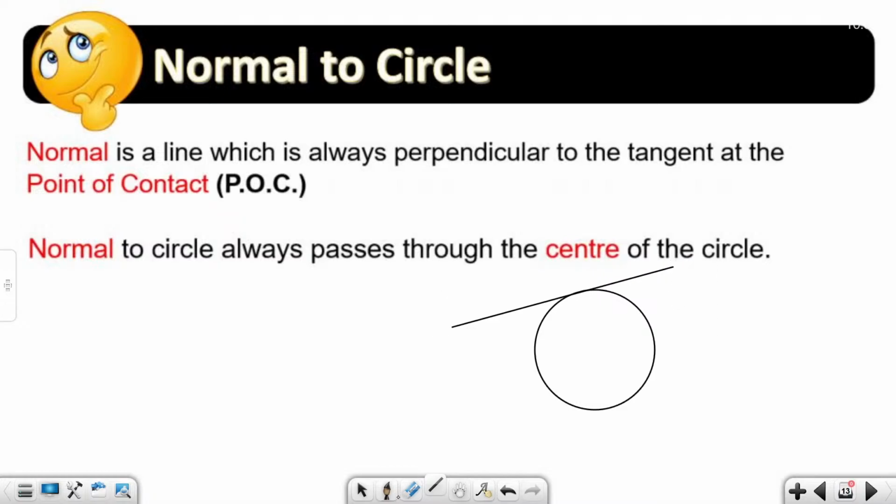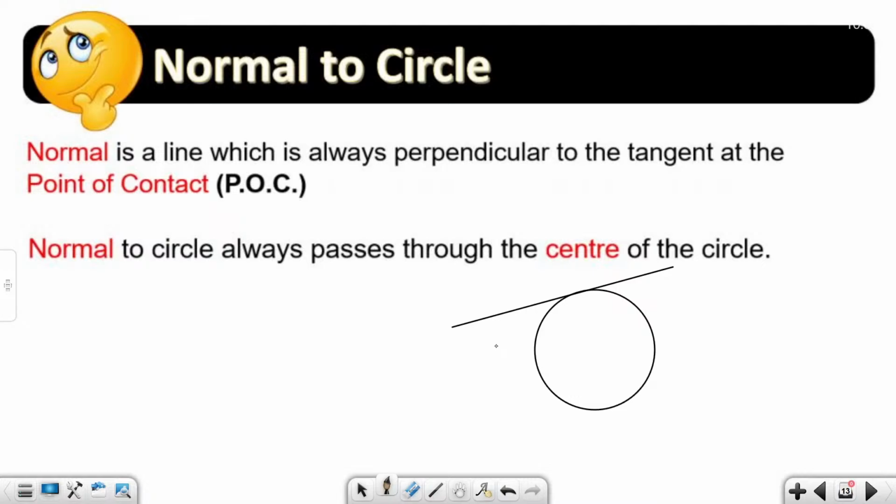The definition of normal is, if you draw a perpendicular on the tangent, that is not a normal. Don't say in this way that the normal is always perpendicular to the tangent. No, this is a wrong definition.